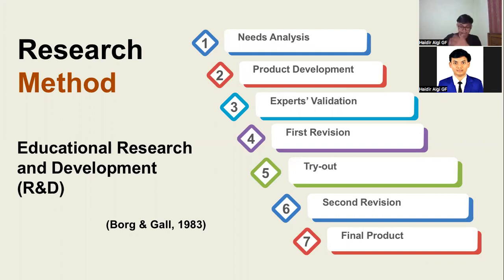Tell me, why did you just involve some of the steps? Yes, sir. Thank you very much for the details and the question. I used the research method from Borg and Gall 1983, which consists of 7 stages, because I researched previous studies from Universitas Negeri Malang and other universities which developed similar products such as websites and Android applications.